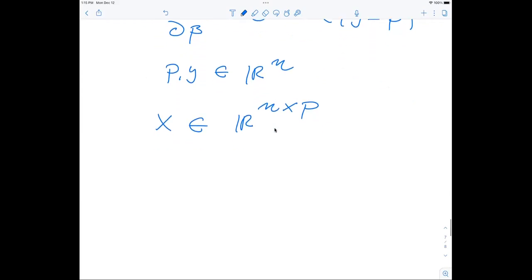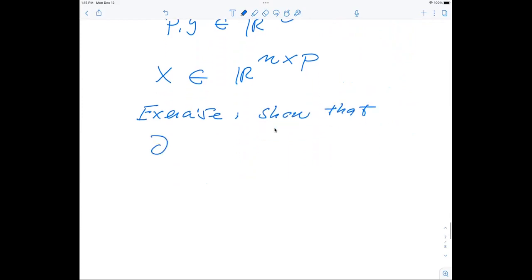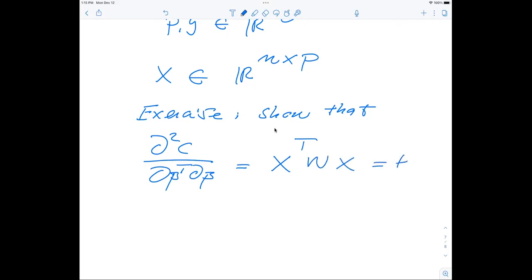Now, one thing, and I leave that as an exercise, is to show that the second derivative of C with respect to beta and beta transposed is actually given by this design matrix transposed times a matrix W times X, and this is called the Hessian matrix.